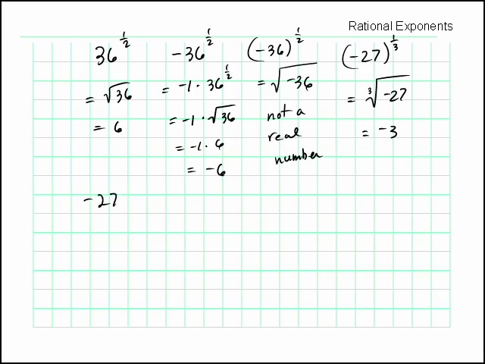Negative 27 to the 1/3. That actually means negative 1 times 27 to the 1/3, which is negative 1 times cube root 27, negative 1 times 3. This one also gives me negative 3, but the work is slightly different.